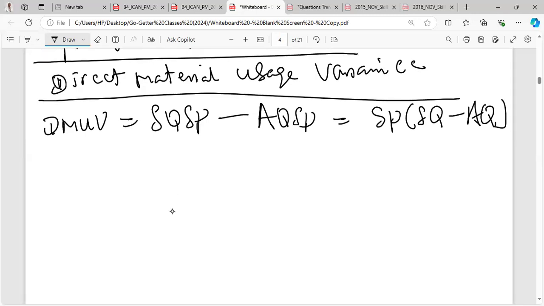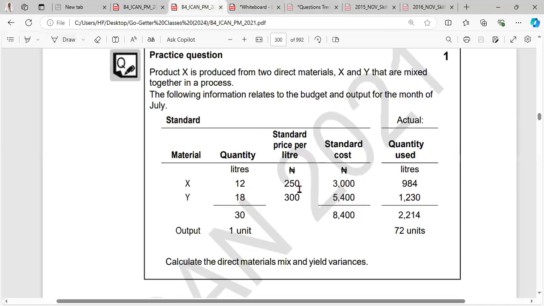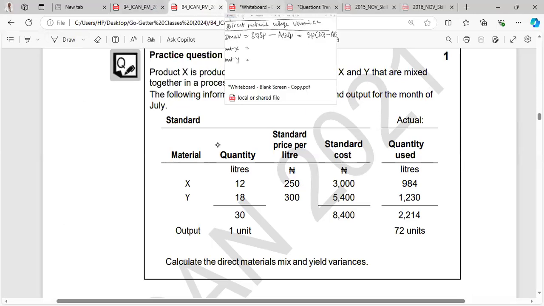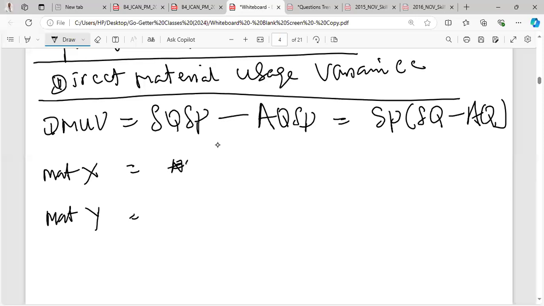Okay, so we will say material X, material Y. What is the standard price? 250, 300.